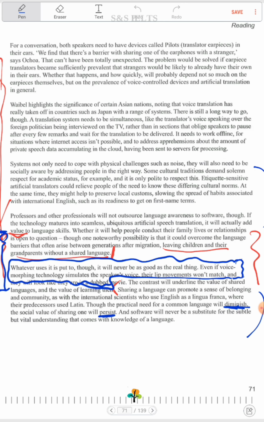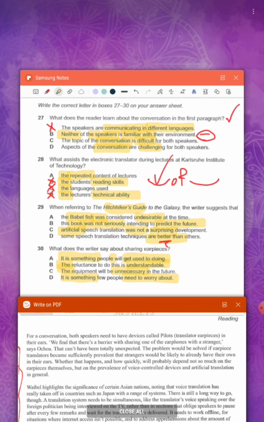I can find the answer in this paragraph, so I have to check it. If the next paragraph had the earpieces, it would be different. No, it is not. So earpieces is in this paragraph, so here is where the answer exists. Okay. Let's check. I give you time to concentrate. A minute.